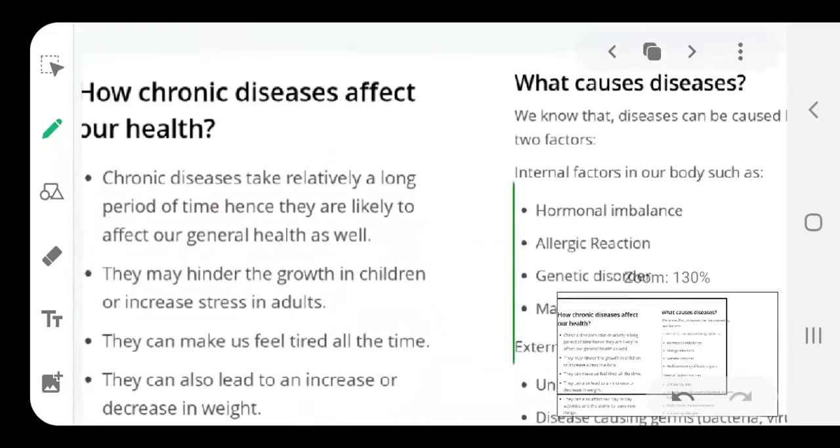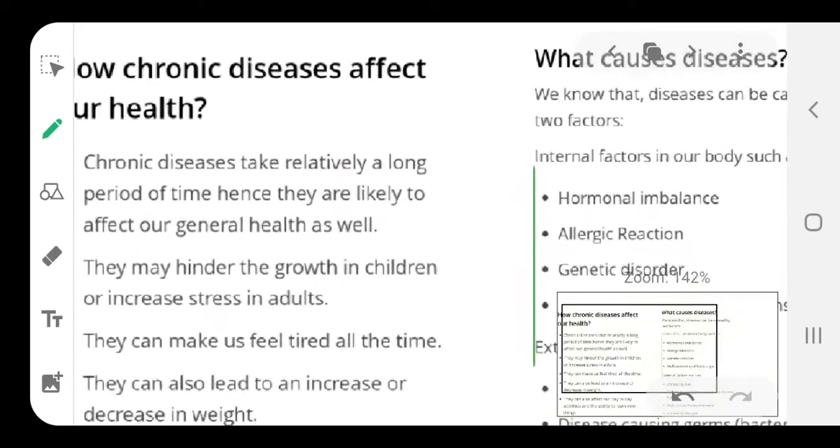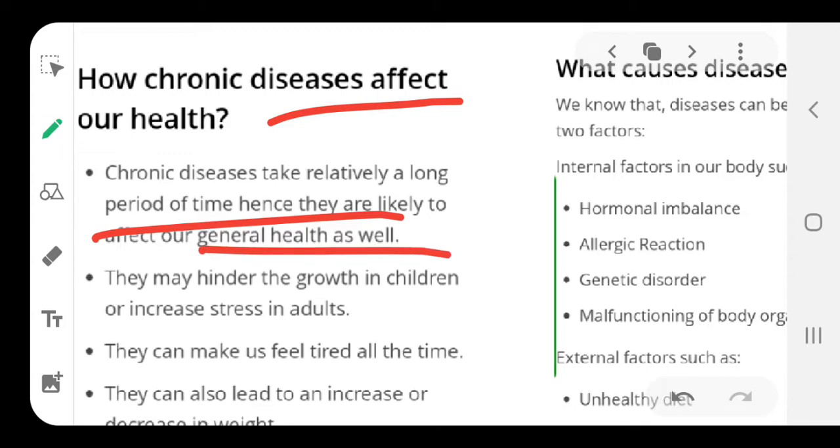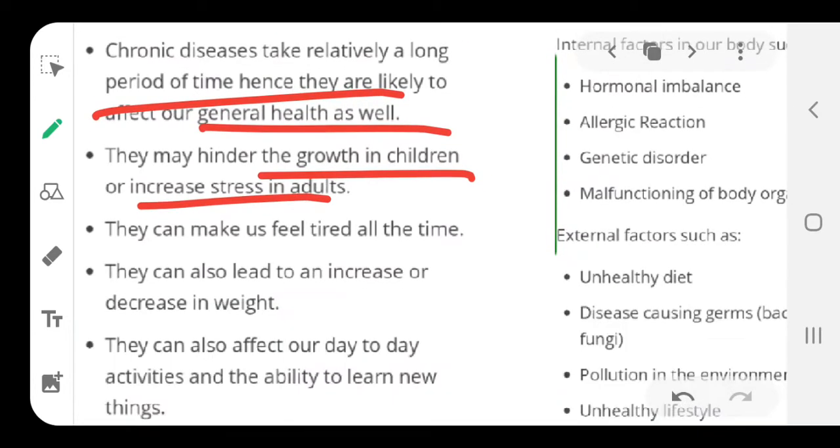Then the question is how chronic disease affects our health. We know that chronic diseases are the ones that last for the longest span. Then how do they affect our life in general or in totality? As I have told you, they last for a relatively longer span of time, so health is affected. They also hinder or disturb growth in children and cause stress in adults.